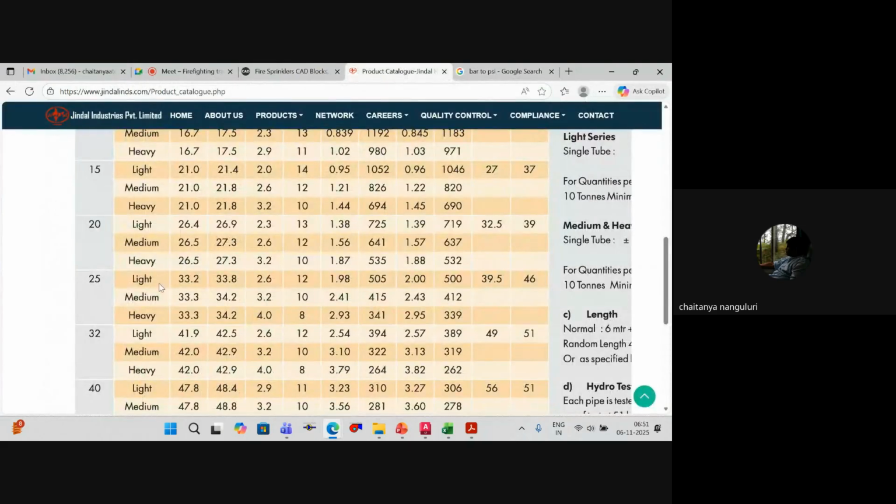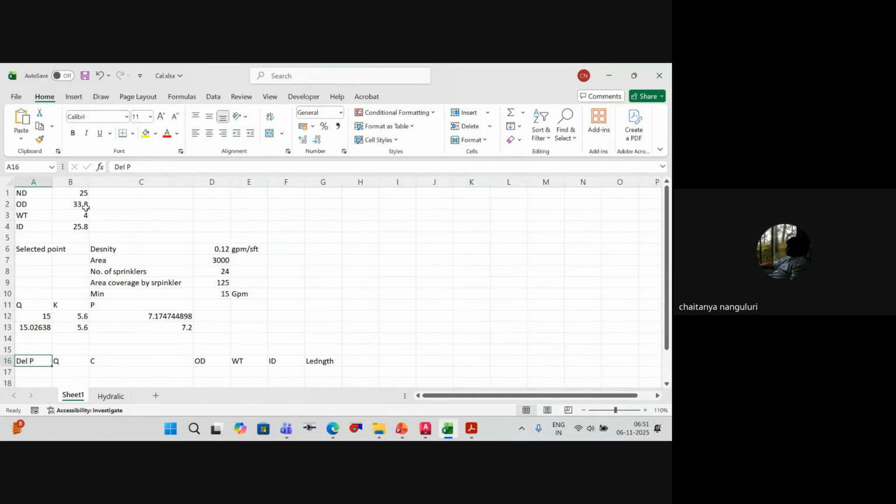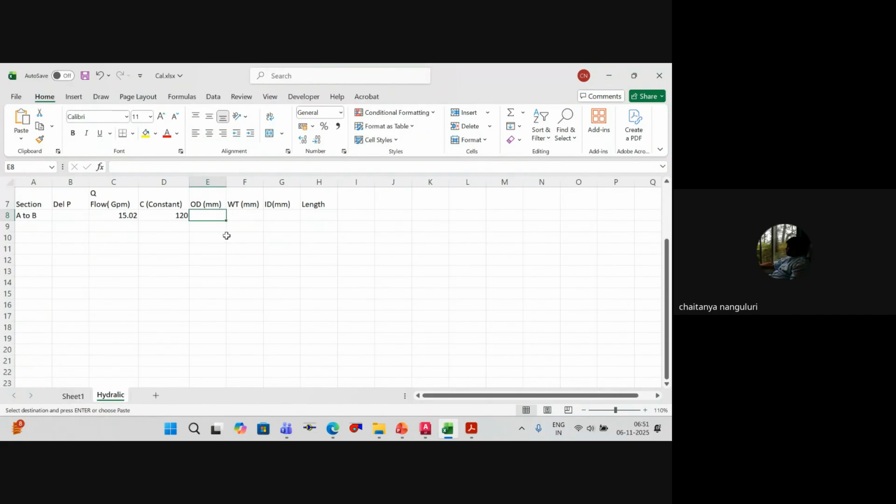So what is the value? 25 heavy, we already got it previously. 25 is 33.8. Yes, this is 33.8. Wall thickness is 4. Your ID is this one minus 2 times the wall thickness.